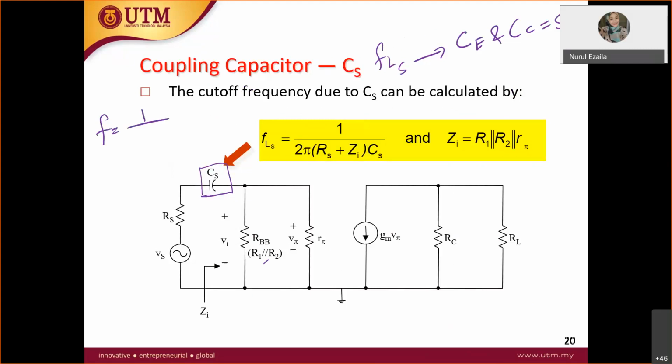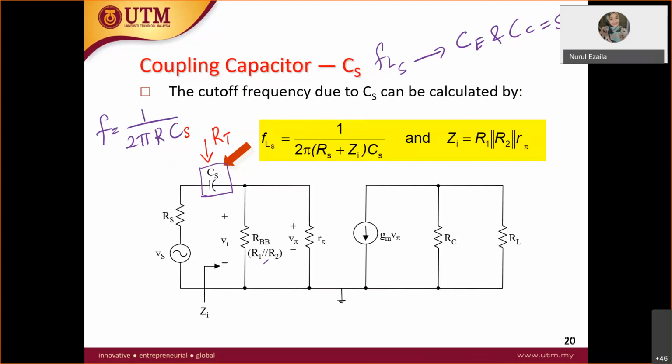What will be the C over here? Since this is referring to CS, this is CS. So what will be the R? The R that you are seeing from here; we call it the R total that you can see from this node.